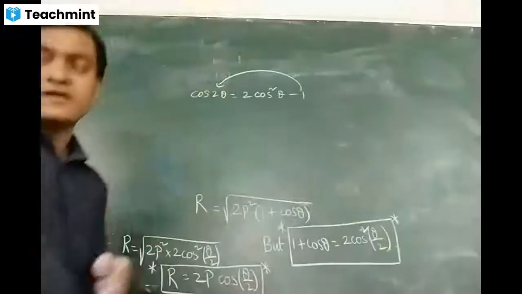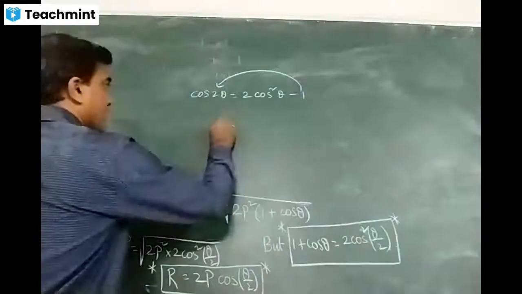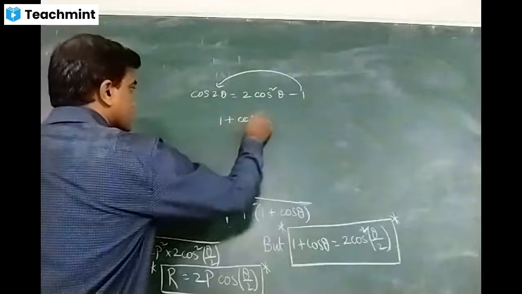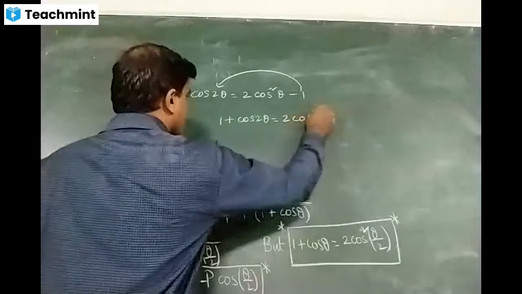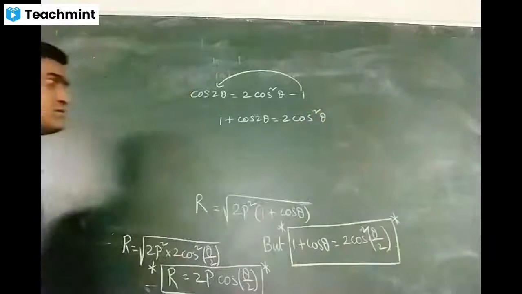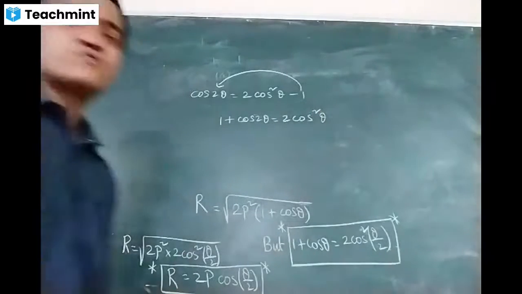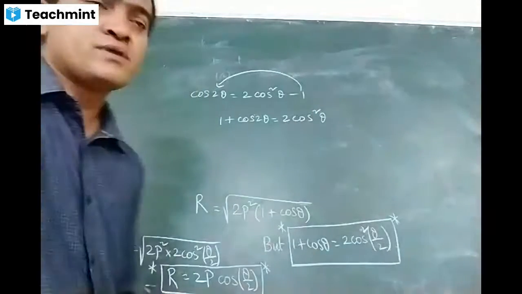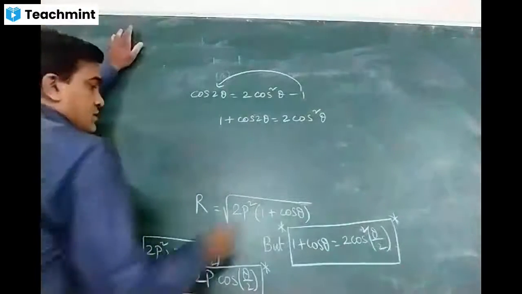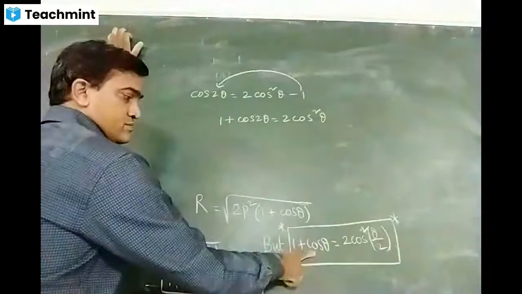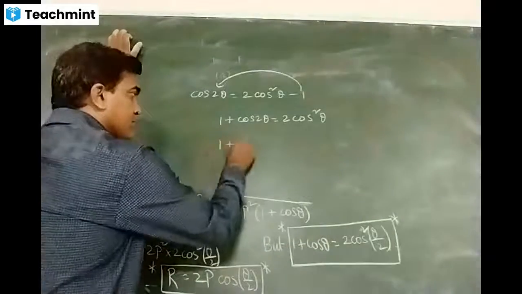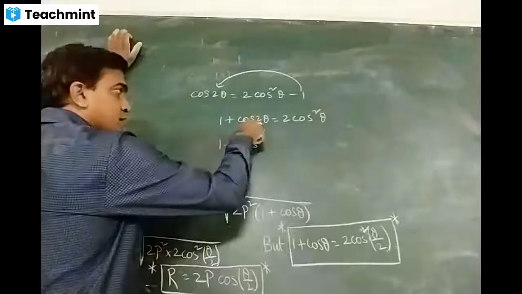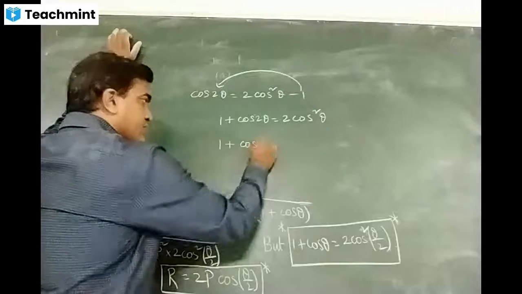So 1 plus cos 2 theta is equal to 2 cos square theta. Now what you have to do? You have to remember this. Here, 1 plus cos theta is equal to 2 cos square theta by 2. In place of 2 theta we have theta.